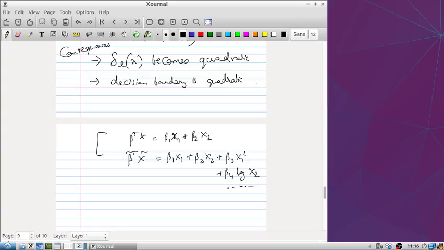So you can always transform your feature vectors and look at much richer models. You're going to increase the dimensionality of your input space, that's all, and still be linear. Linearity just means linearity in the coefficients, not with respect to the x's.